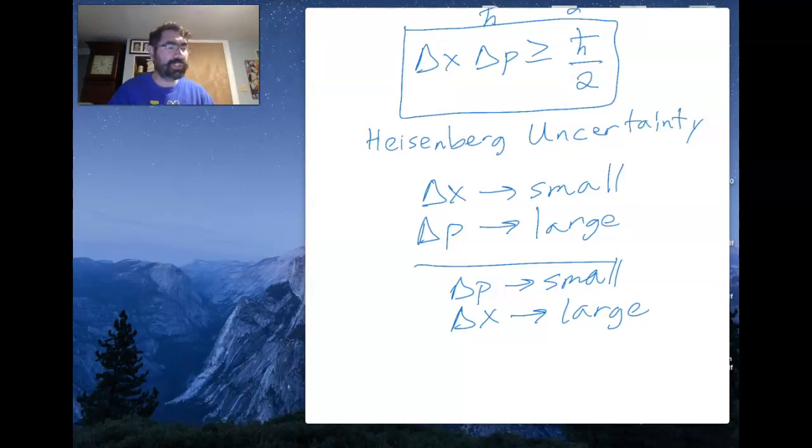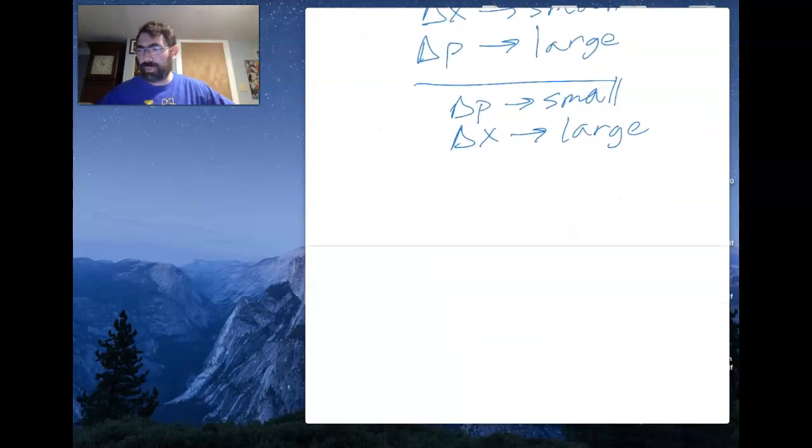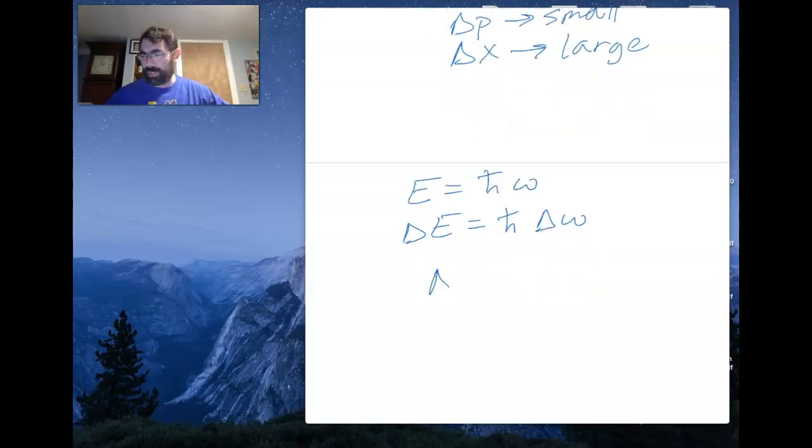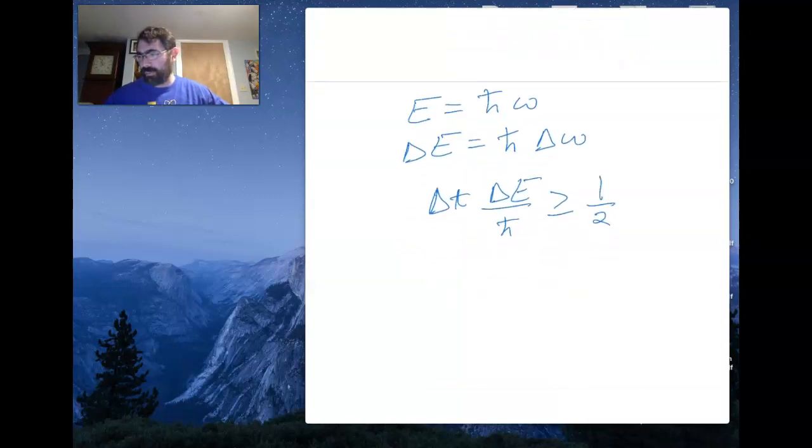The interesting thing is the same is true now for time. Since the energy, according to Planck, is h bar times omega, the uncertainty in the energy is related to our uncertainty in our frequency. So we plug that in, and we get delta t times delta E over h bar greater than or equal to 1/2.